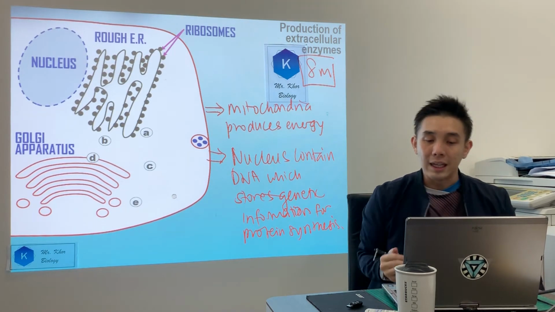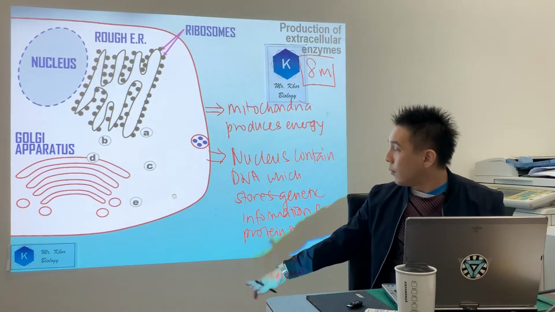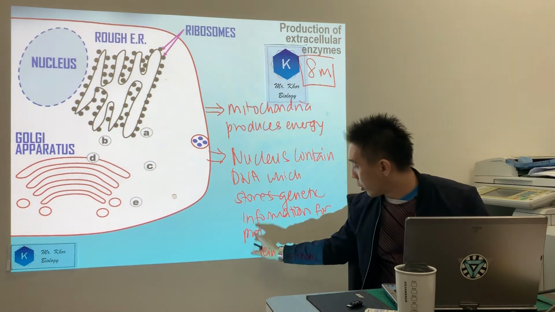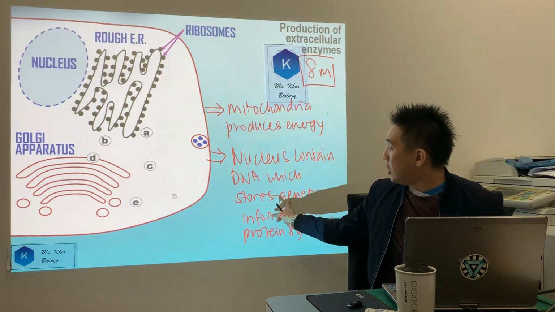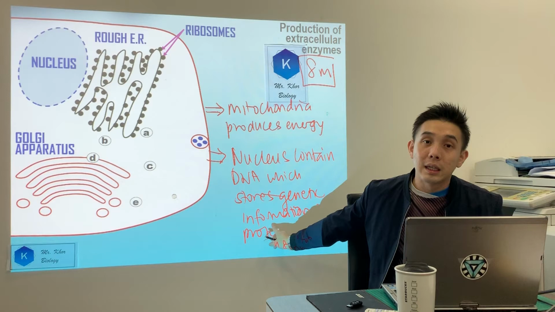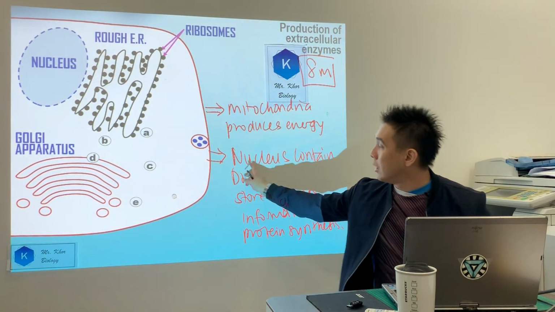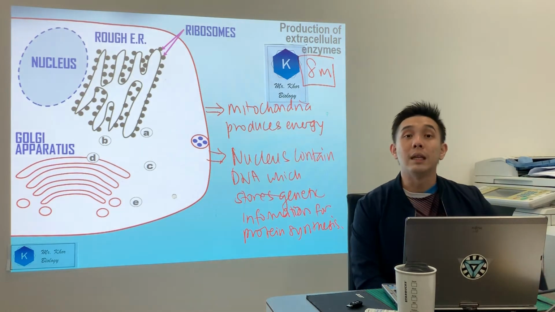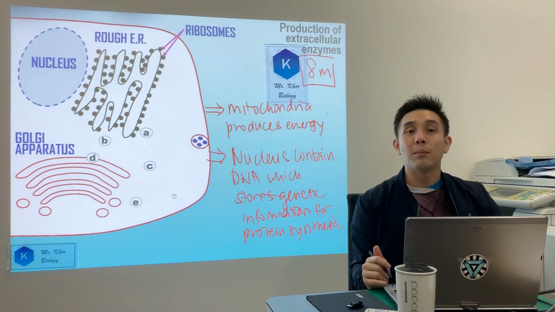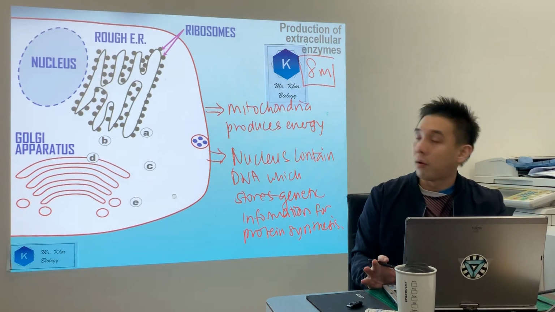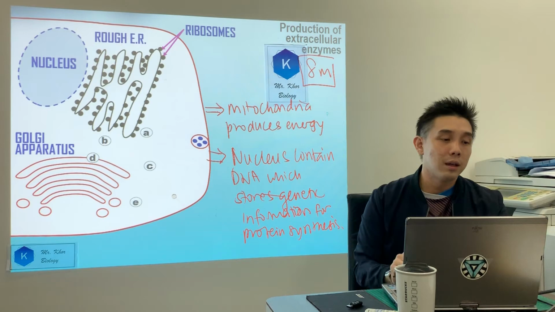Meaning to say that in order to produce protein in the very first place, genetic information is needed by the ribosome, and this genetic information is stored in the DNA, which is found in the nucleus. So if it is a very heavy 8-mark essay question, follow back whatever I explained and add on these 2 points.